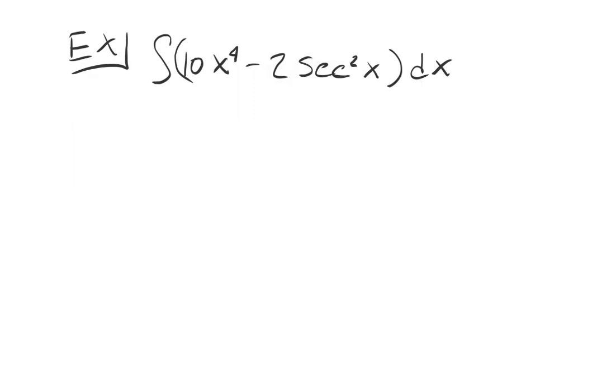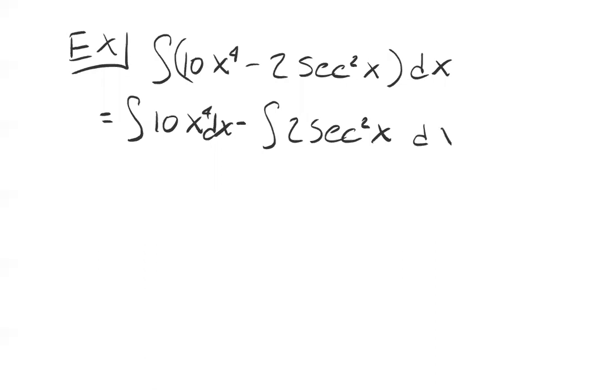One thing you need to know is, just like the derivative, the integral is linear. If I have a sum in here, I can break this up into the integral of 10x to the 4th dx, minus the integral of 2 secant squared x dx.